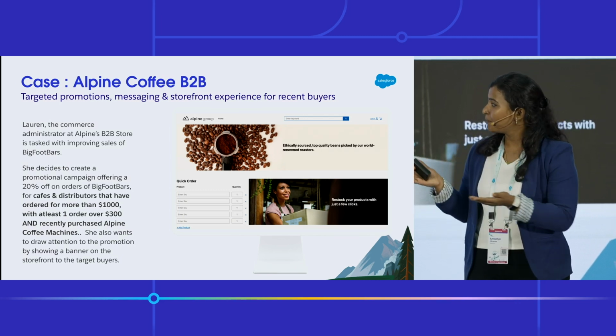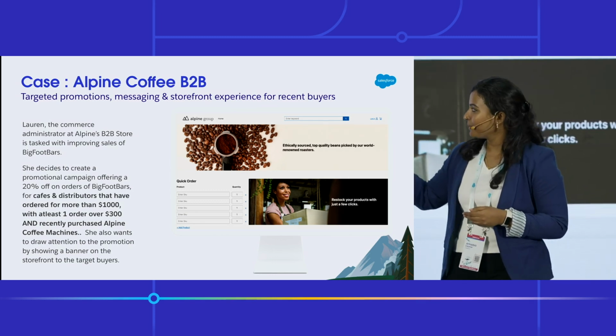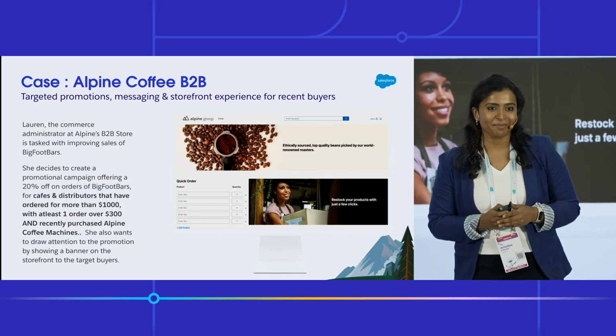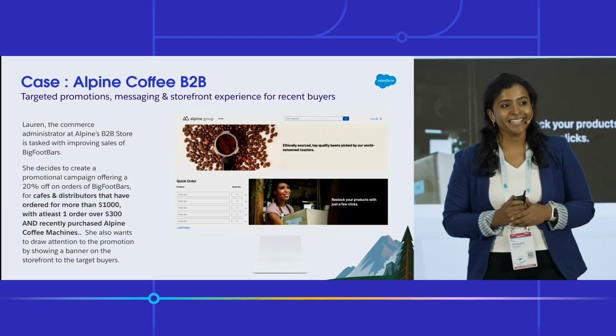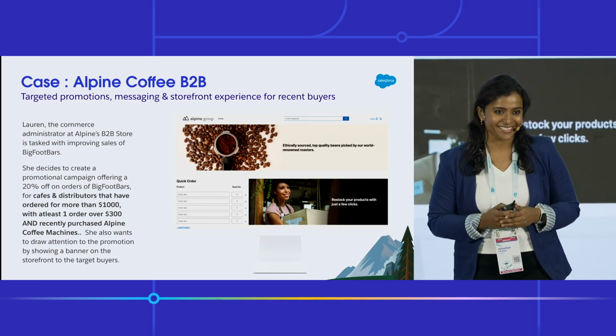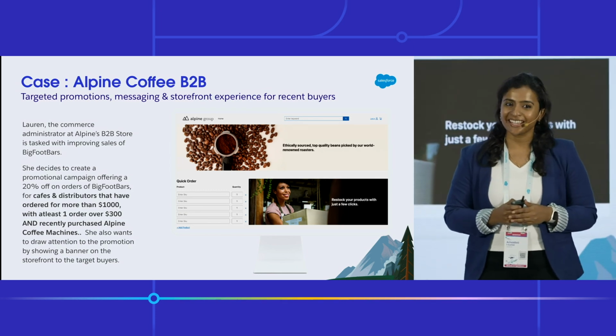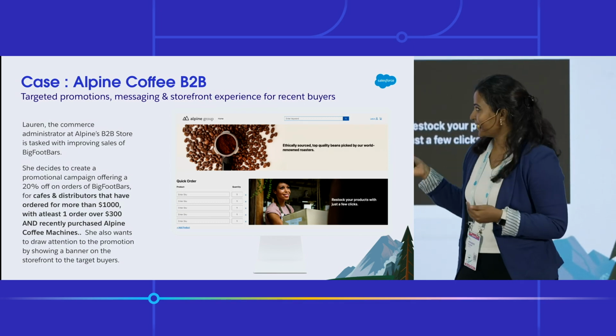So this is a pretty complicated targeting criteria. The marketing manager for Bigfoot Bars now calls up the commerce administrator, Lauren, and puts her to task. Fortunately, Lauren had attended our session on growing your business with Data Cloud based personalization, and she knew exactly what to do. So let's follow along as Lauren gets this done.